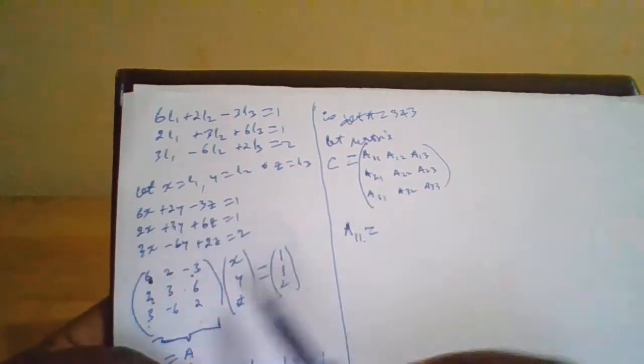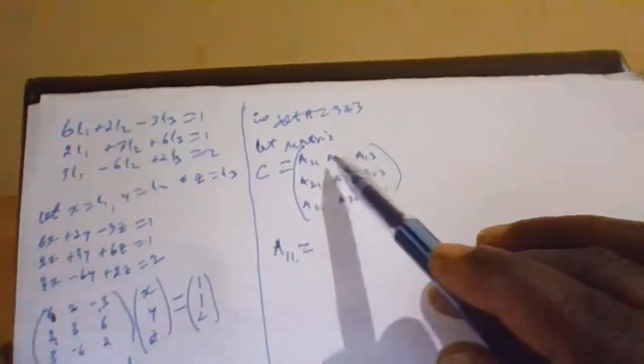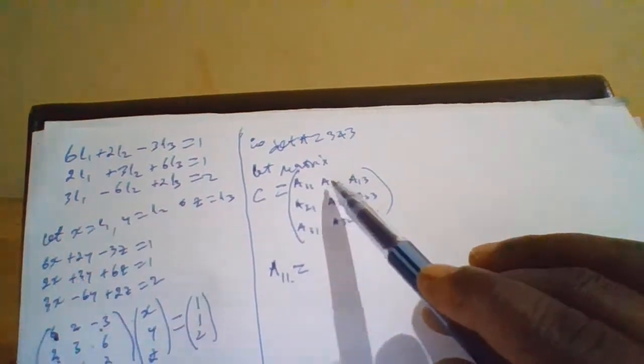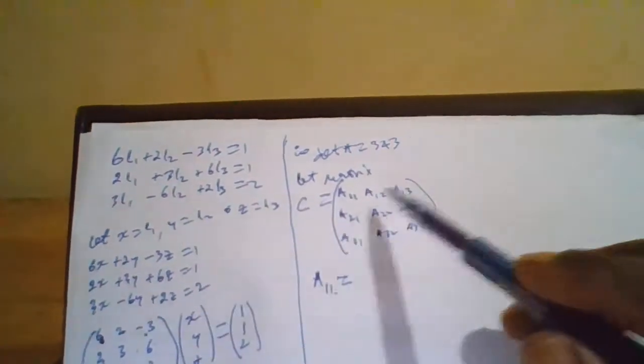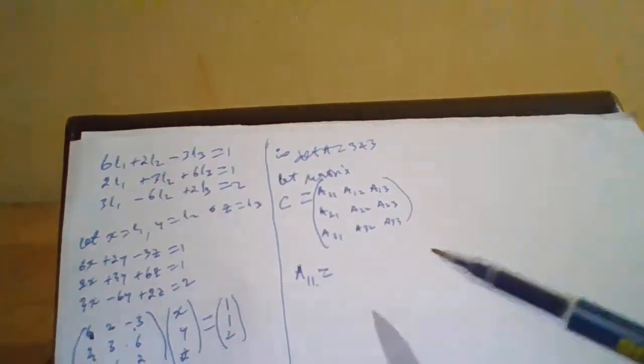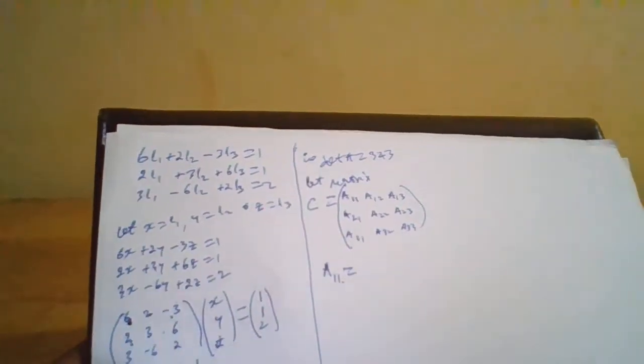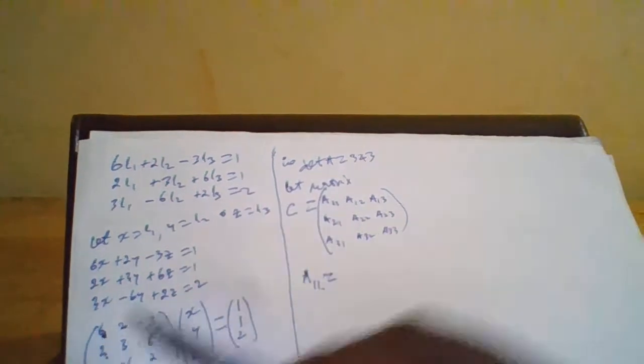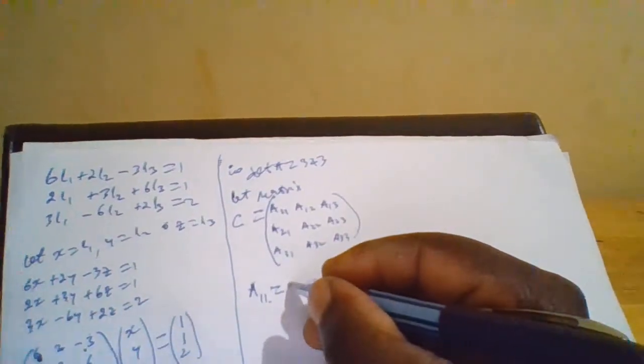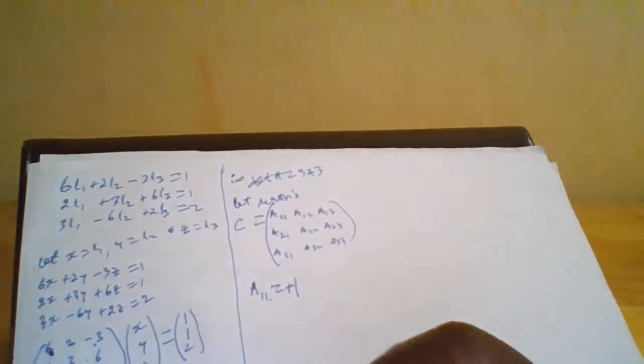Remember A11 corresponds to 6, A12 corresponds to 2. The place sign of 6 is positive.